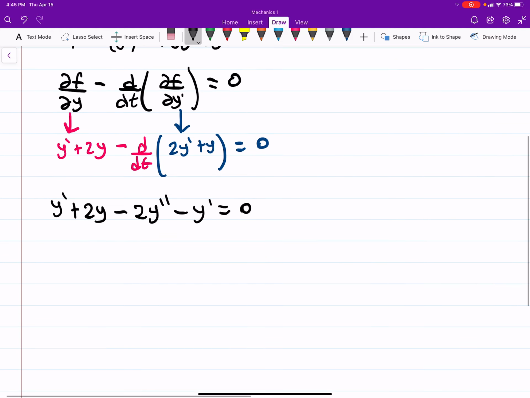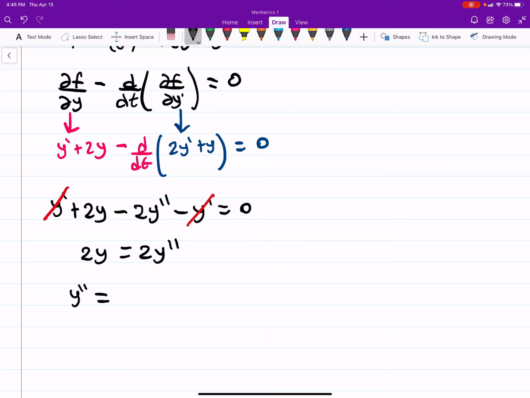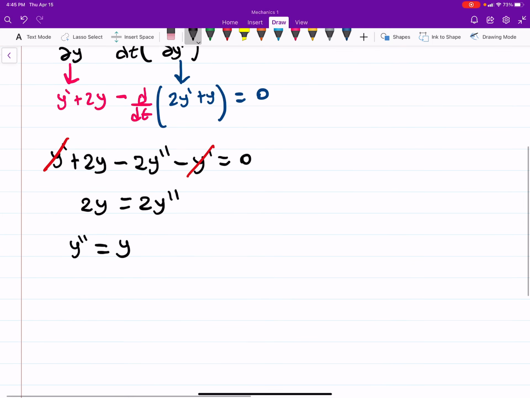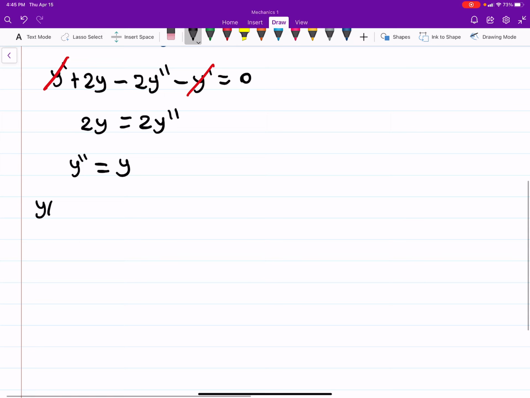Okay? So these obviously cancel each other, and we get 2y equals 2y double prime, or y double prime equals y. Now, this is just a differential equation. It's a second order differential equation, so it's not too bad. And the solution is a e to the x plus b e to the negative x.